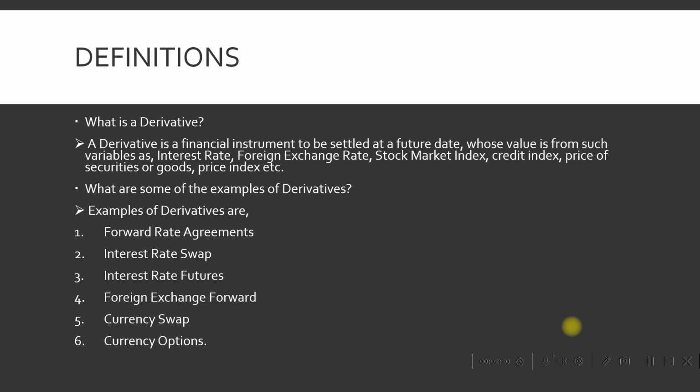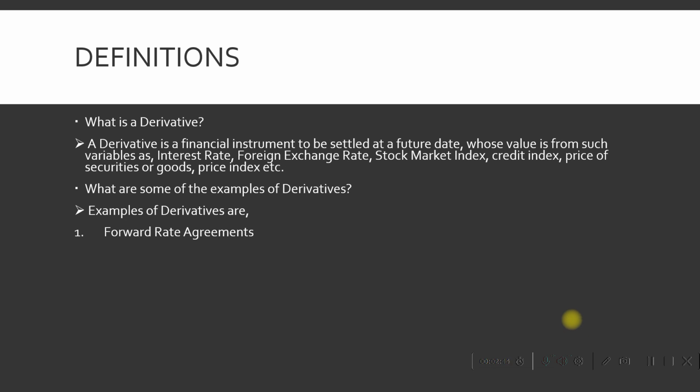Now we will just give a brief introduction to each of them, and we will wind up this session. In some brief explanation will be given to know what exactly is the type of derivative which we actually have. So let us start with forward rate agreements.